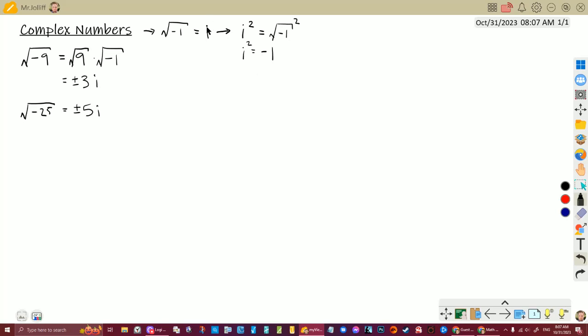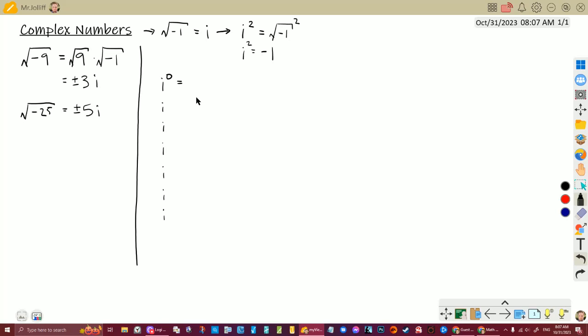If we look at i and its exponents, we actually get a pretty cool cycle. So let's do that off to the side here. I'm just going to write a whole bunch of i's. Be patient with me. So we'll start with an exponent of 0.